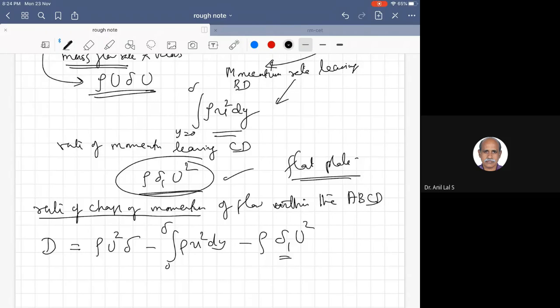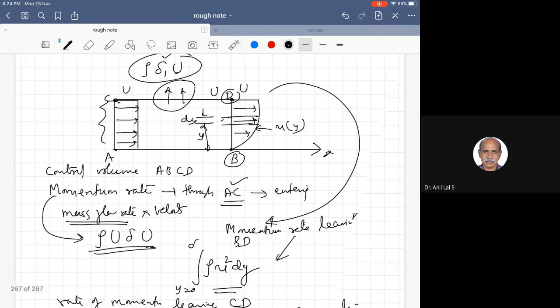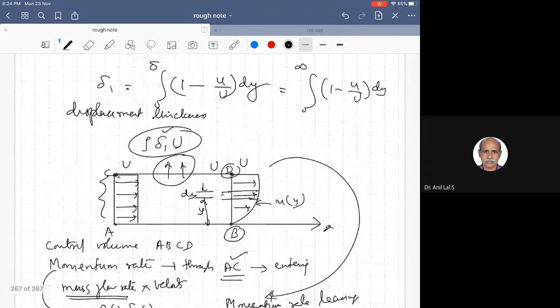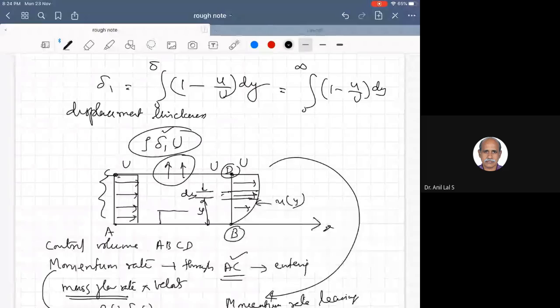This arises because of the formation of the boundary layer. By momentum thickness, we mean that we treat this rate of change of momentum as equivalent to shifting the bottom solid wall by a distance delta 2, to compensate for the momentum loss within the control volume, that is a reduction.